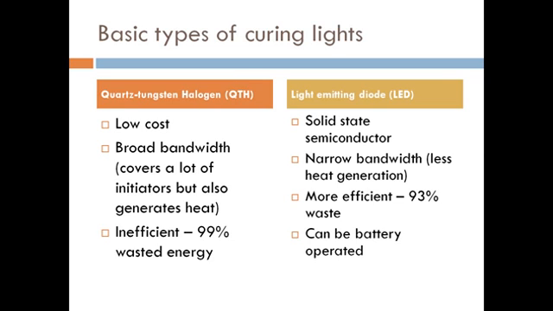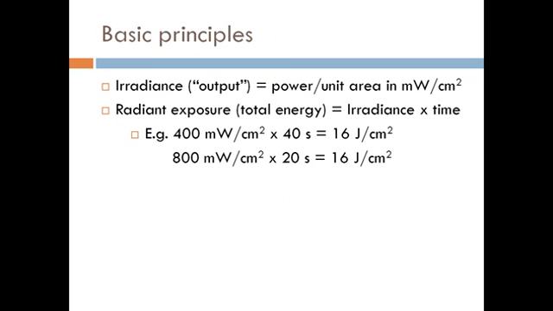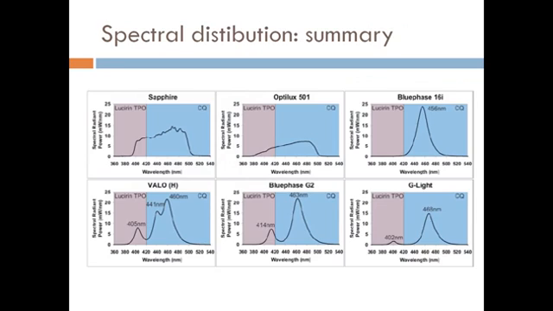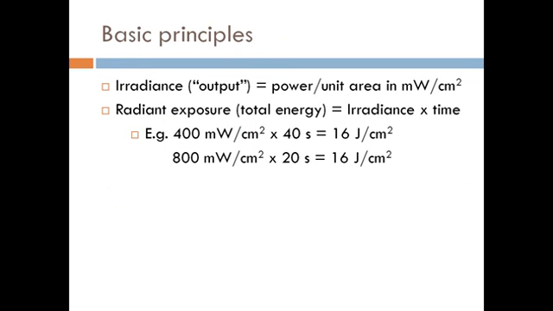And this goes back to talking about reciprocity laws. And I think we'll talk about it later on. But you just have to remember that there are some lights that are very powerful. They can put out 2,000, 2,300, 3,000 milliwatts per centimeter squared. And the manufacturers of those lights are claiming that you can just polymerize the composite for 2 or 3 seconds.